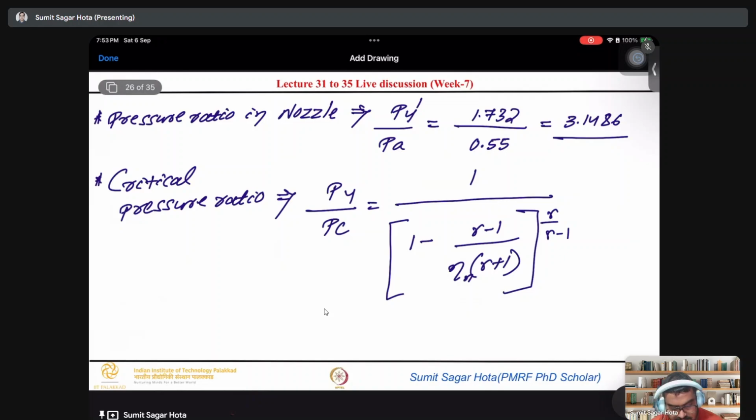The efficiency of the nozzle is 0.91 and gamma is 1.33. If you solve it you will get 1.97.